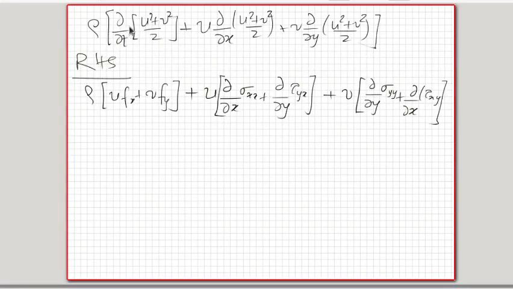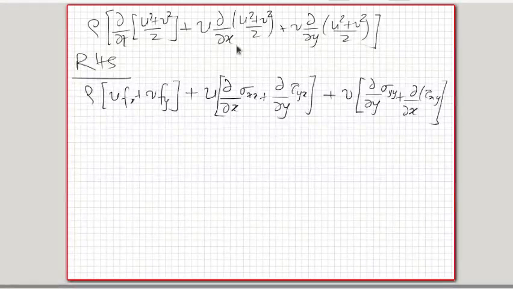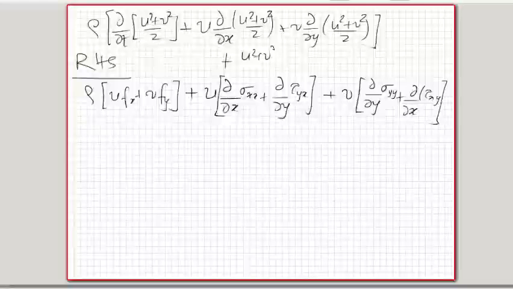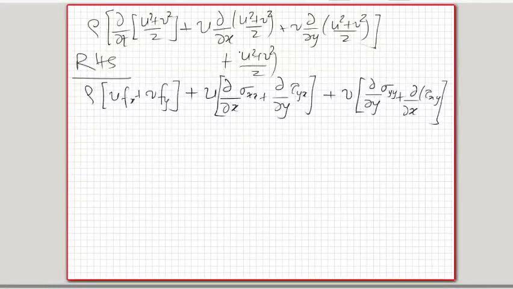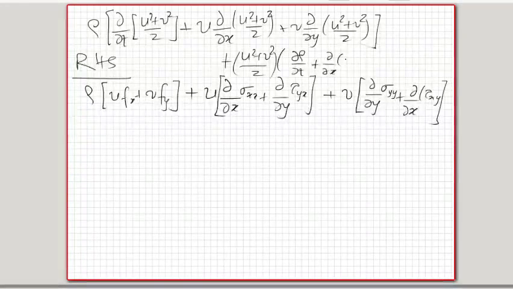So it would be rho times this and rho u times this and rho v times this, because if I add, for example, u squared plus v squared by 2 multiplied by the 0, which is del rho by del t plus del by del x of rho u plus del by del y of rho v.